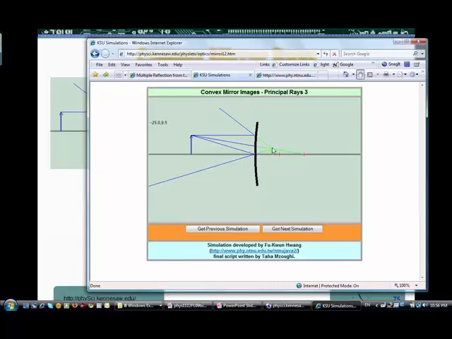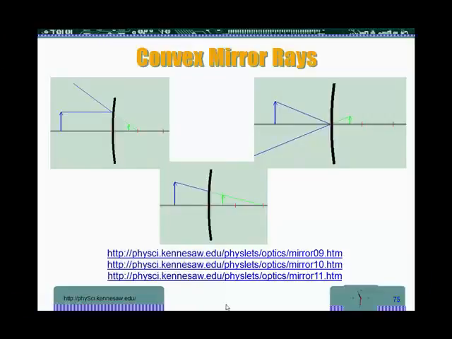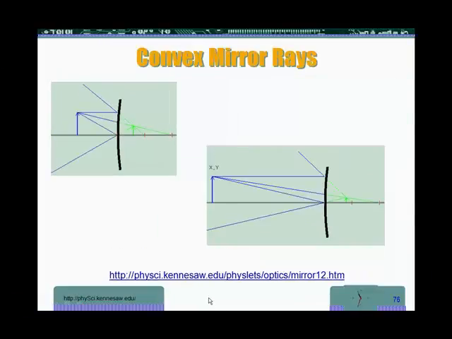They look like they are emerging from this image here that's behind the mirror. This is all put together: the image is always smaller, upright, virtual.